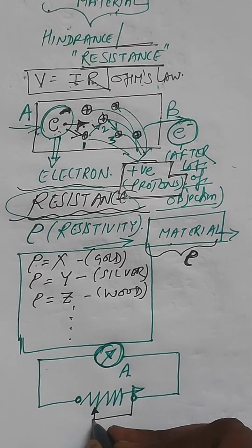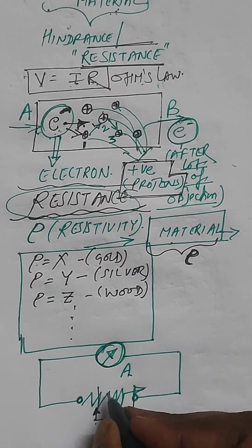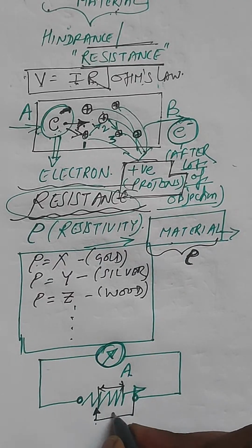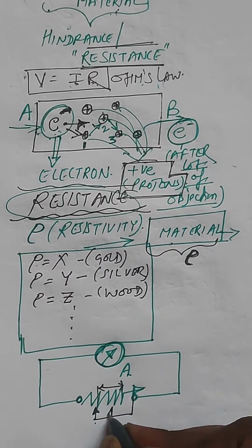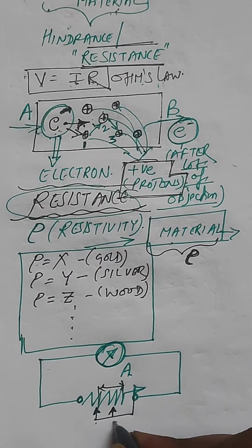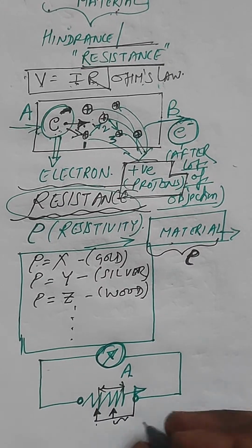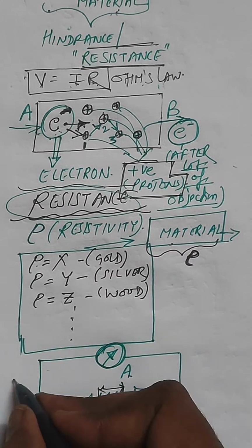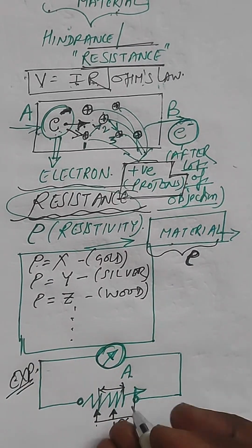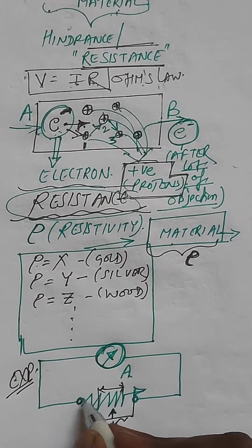If we slide this arrow, depending upon this length, the resistance will be something, and if you slide the arrow to another point, you can see the length of the resistance is shortened, and definitely the resistance will vary.